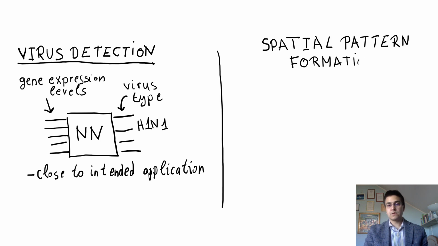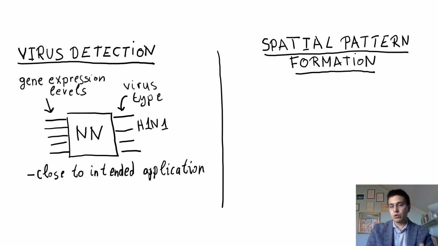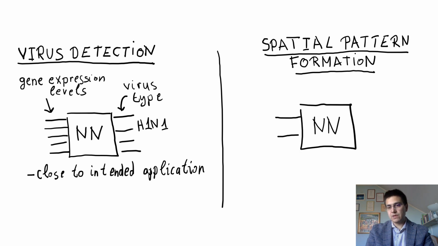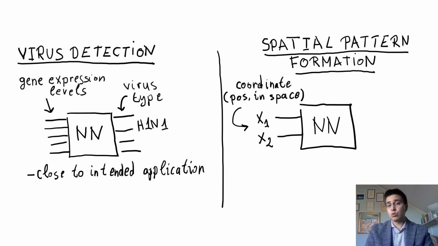So next, we do spatial pattern formation, which has important applications in synthetic biology since tissue and organ engineering rely on it. To model that problem, we have a neural network which on its inputs receives x1 and x2, representing coordinates, that is, position in space.